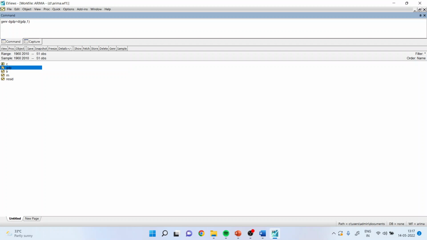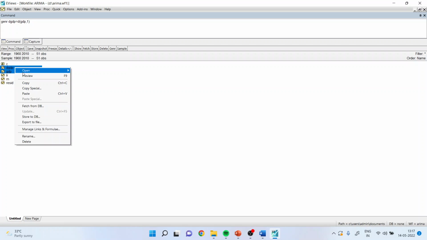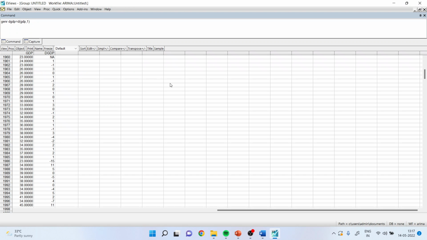Take the first difference. The first difference series will come into existence. Let us try to see what happens. Open as group. So 23, 24, and the difference is 24 minus 23, and you can see that this is a first difference.